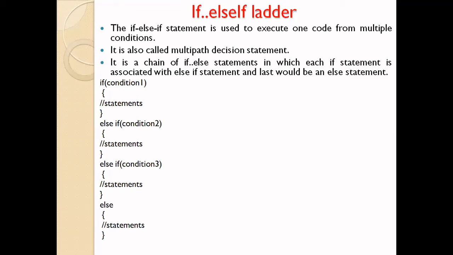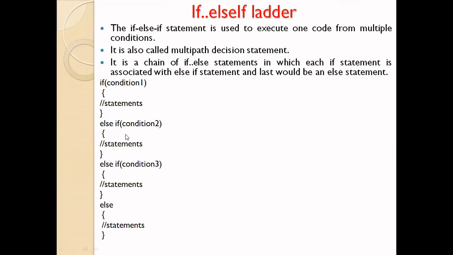The fourth one is called if else if ladder. This is also called a multi-path decision statement. Here I am giving the first condition, and it will check condition 1. If the condition is true, it will execute the statement. If the condition is false, it will go to the second condition, that is called else if condition 2.